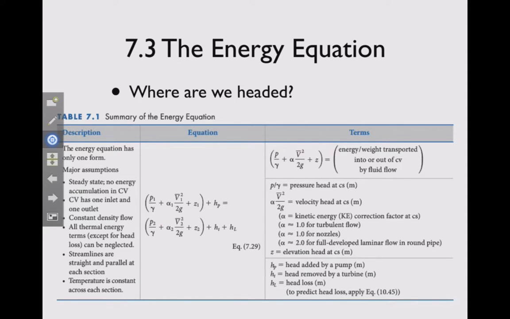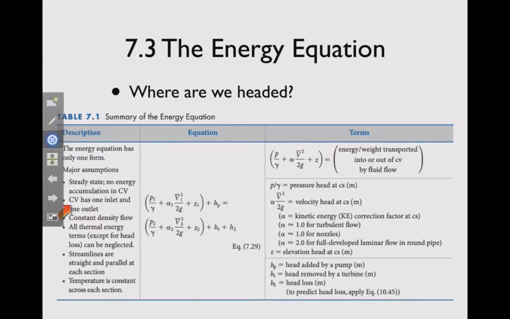The other thing that I want to draw your attention to is, of course, these major assumptions that we are making. It's going to be steady state, so we're assuming that there will be no energy accumulation in the control volume, which should help us simplify the Reynolds transport theorem.